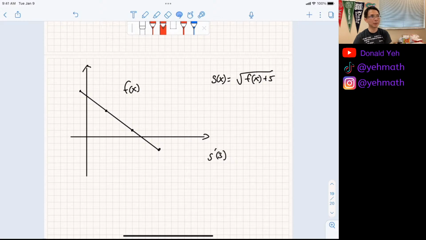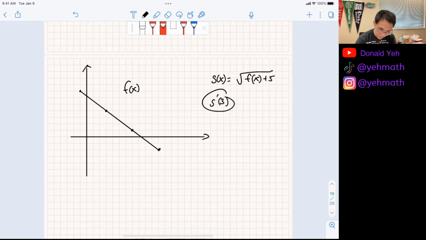Did you guys take a derivative of g of x? Yeah. Okay. So let's see if your g of x is correct. If I take a derivative of g of x, well, this one's 1/2 times f of x plus 5 to the negative 1/2.